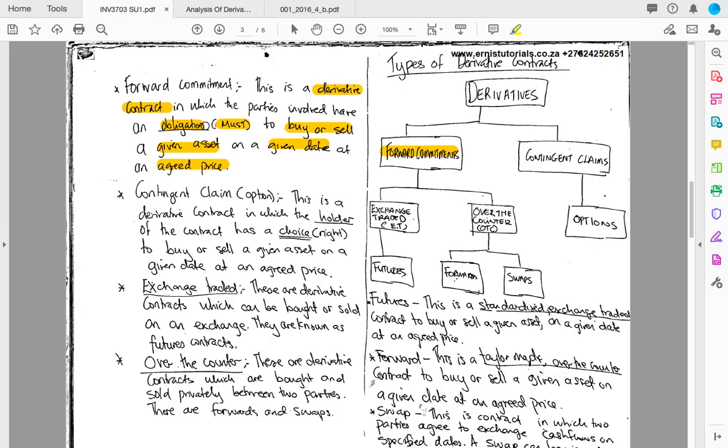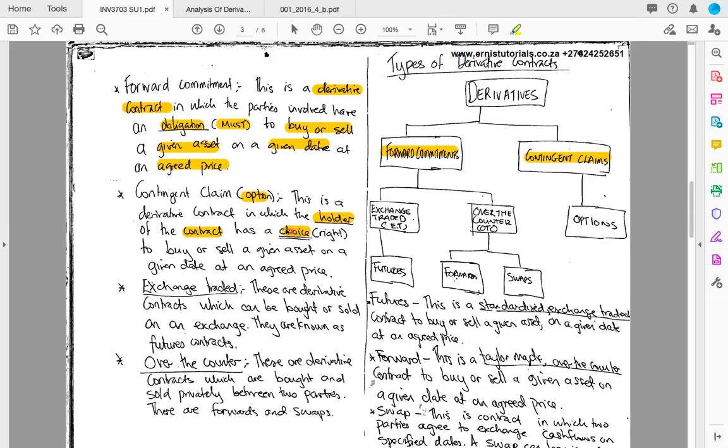So we define a forward commitment as follows. This is a derivative contract in which the parties involved in the contract have an obligation to buy or sell a given asset on a given date at an agreed price, right? Then we first define a contingent claim, and then we'll compare these two. Whereas with the contingent claim, also known as an option, this is a derivative contract, right, in which the holder of the contract has a choice.